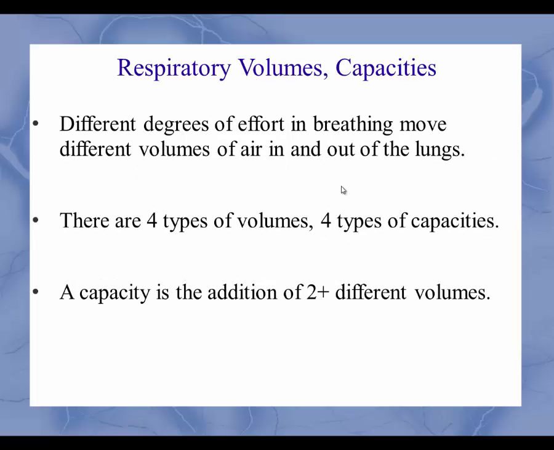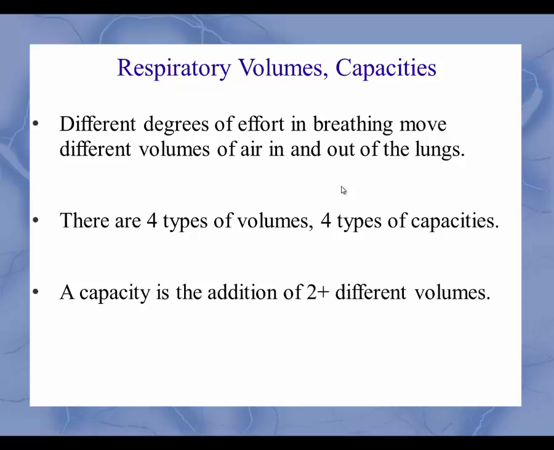Alright, next we'll talk about the respiratory volumes and capacities. Different degrees of effort will be defined by different volumes and different functions of your lungs. There are 4 types of volumes and there are 4 types of capacities. A capacity is really just 2 or more volumes added together.